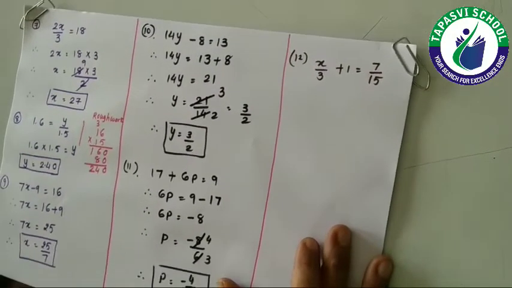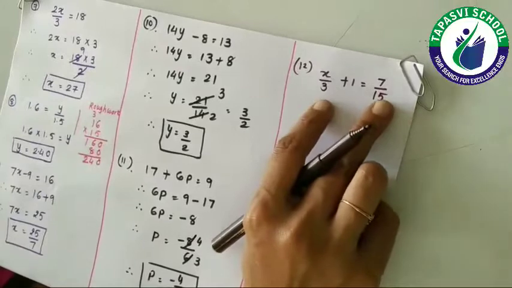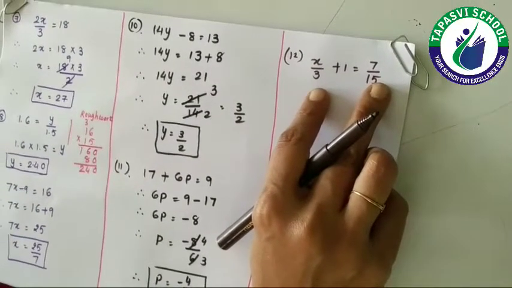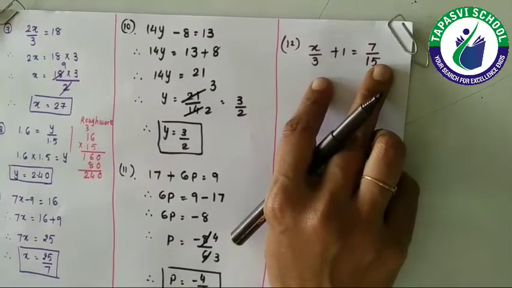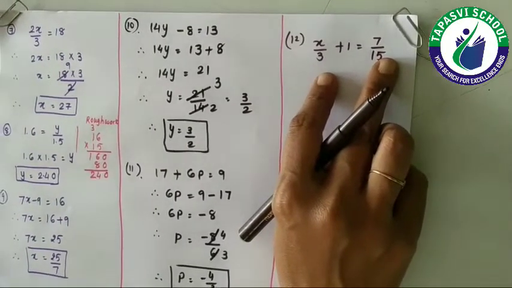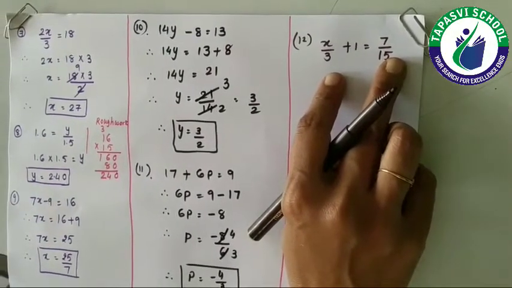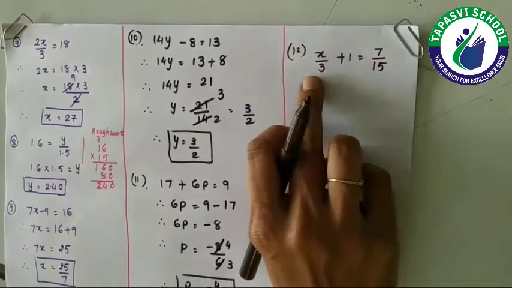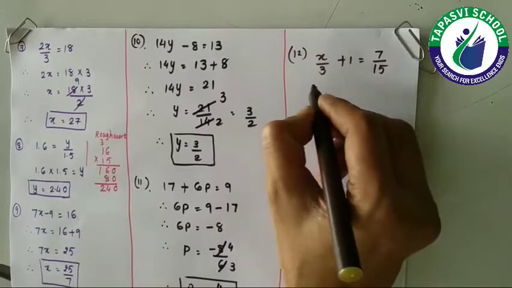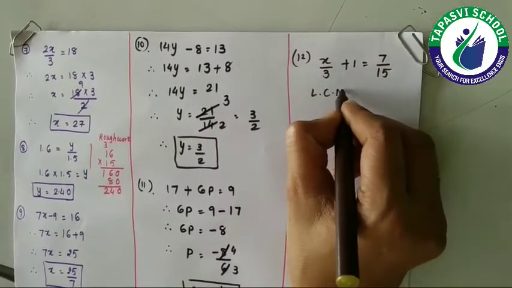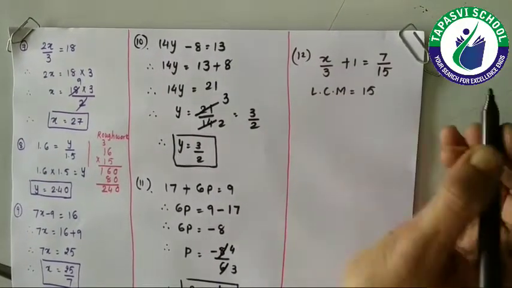Again students, you can see here my equation is in a fraction. So first of all we are supposed to convert it into the standard format, and that is why we will take LCM. Now LCM of 3 and 15, it will be 15.